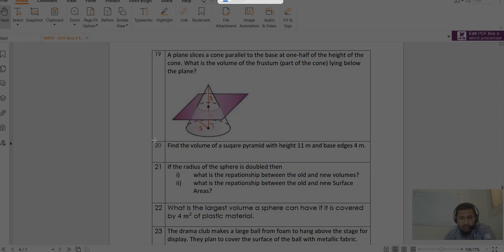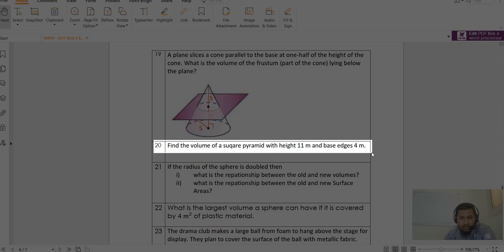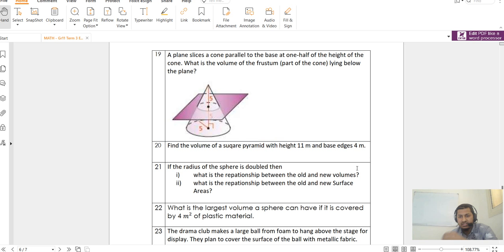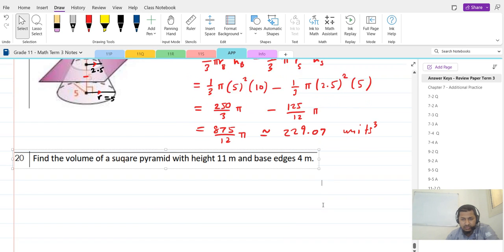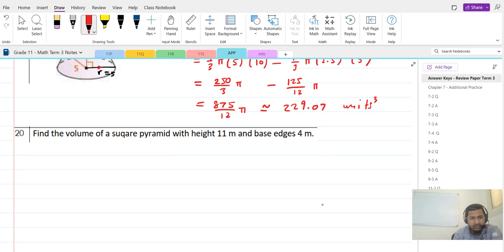Find the volume of a square pyramid with height 11 and base edges 4. Alright, so the height is 11, and because the pyramid peaks, you take 1/3 cross-sectional area times height.